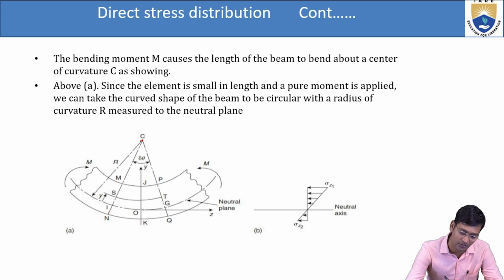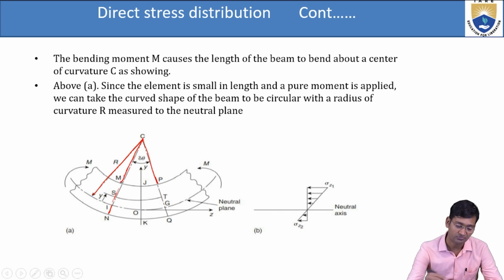This is the extreme fiber. From here to here, the radius of curvature for the neutral axis will be R, that is NC. For the upper extreme, you can say CP or CM. So this will be the radius of curvature for the upper fiber, and for the neutral axis it is R, and for the lower one it is CN.